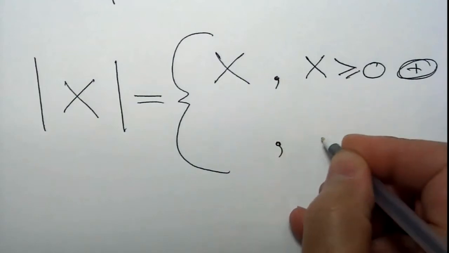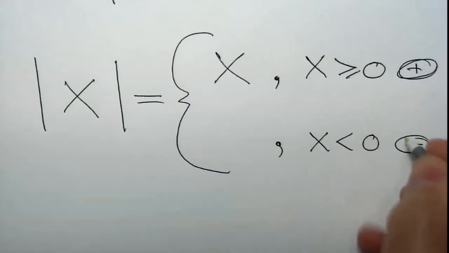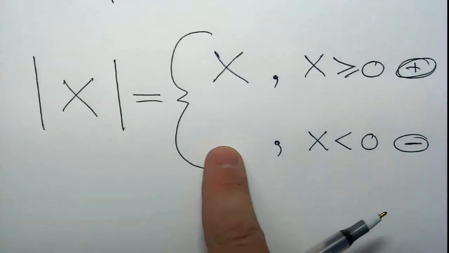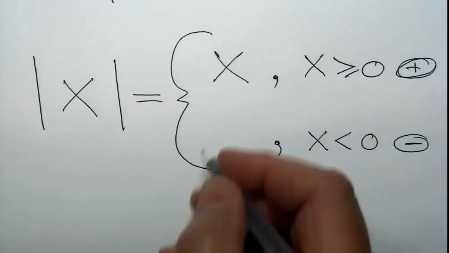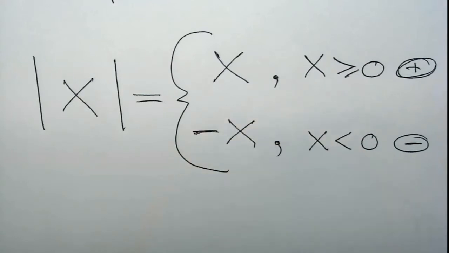But when that unknown x happens to be negative, it has a job to do. So how do we put in here mathematically to strip away a minus sign? Well, you might be surprised to know that the way to do that is to add an extra minus sign, like that. So that's the formal definition.